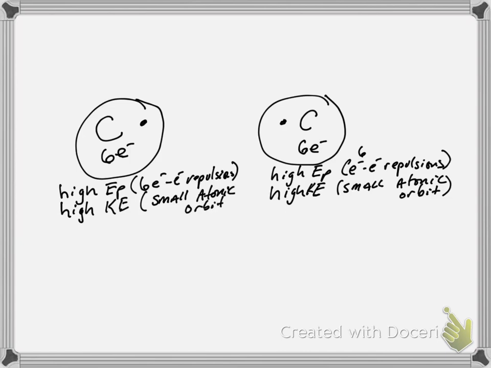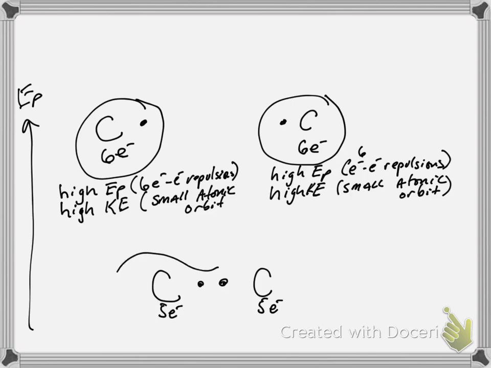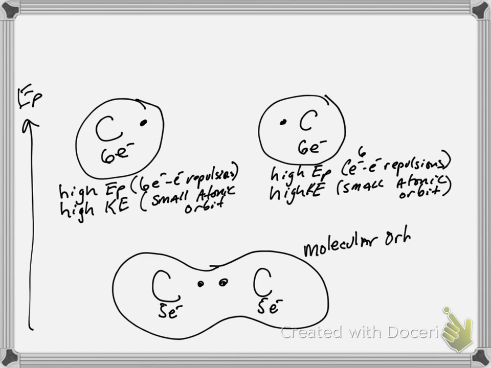Energy is going up this way, potential energy. Now when a bond is made between the carbons, we now have a molecular orbit that is bigger than the atomic orbit. So the kinetic energy goes down in the bond.